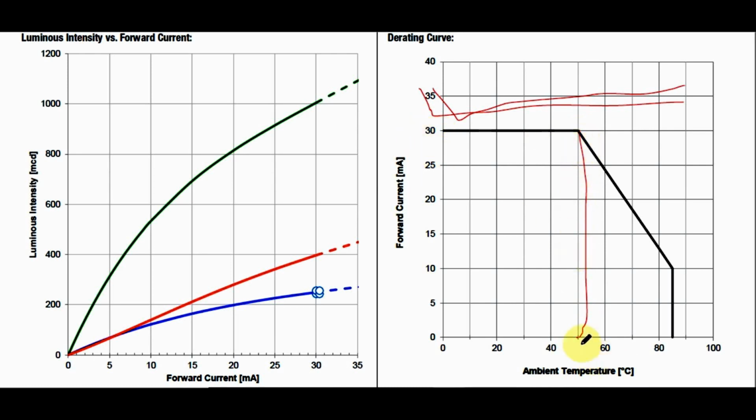If you operate your LED above 50 degree centigrade, let's say 60, 70, 80 or 85, you will not be able to drive your LED at 30 milliampere. Even at 85 degree centigrade, you can operate your LED at a maximum of 10 milliampere.